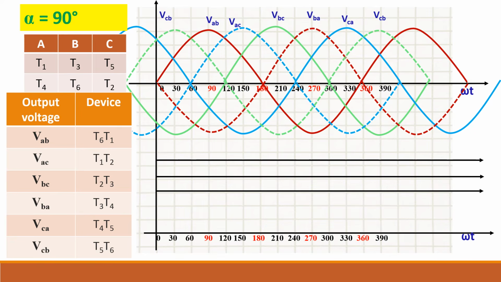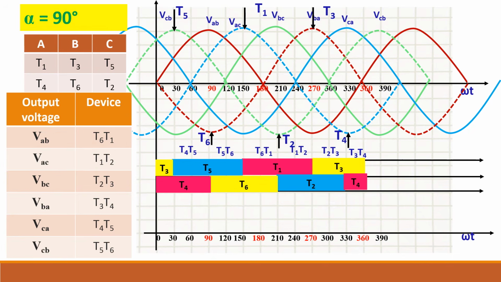Next, let us consider the case for alpha equal to 90 degree. Same procedure. So fill up all these details, do the calculation work, and fill up these details. You will get the waveform like this. Now let me tell one example alone. Take T1 and T6. What should be the output? VAB. So follow the VAB waveform. Where is the VAB waveform? This brown color.